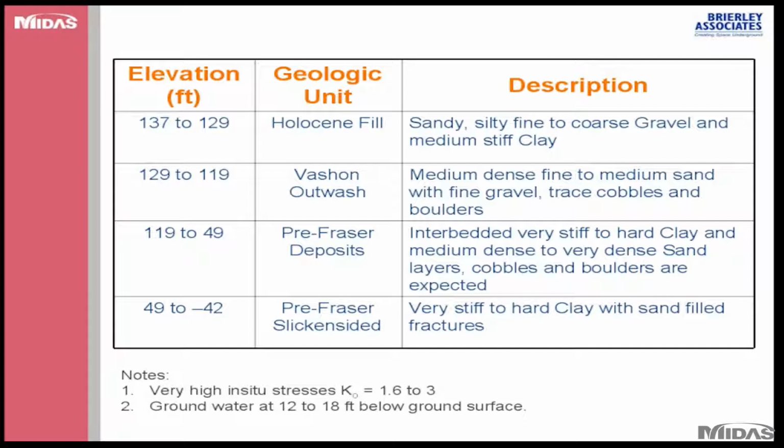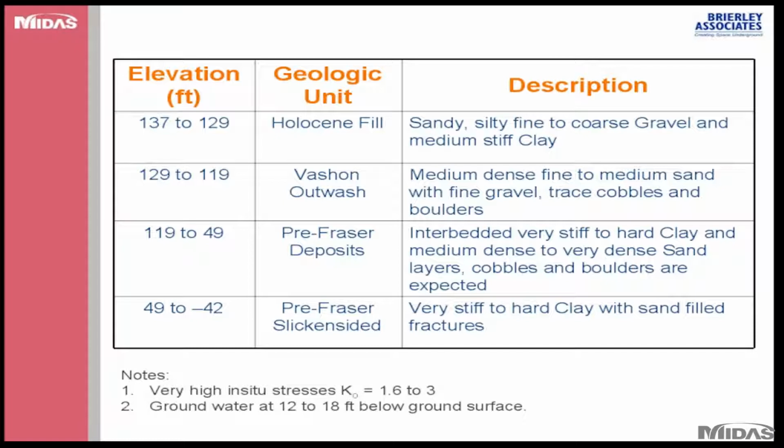If you run some numbers, you will see that an undrained shear strength of about 4,000 PSF will end up with a bearing capacity of about 20,000 PSF, and that corresponds to a concrete column of 135 feet.